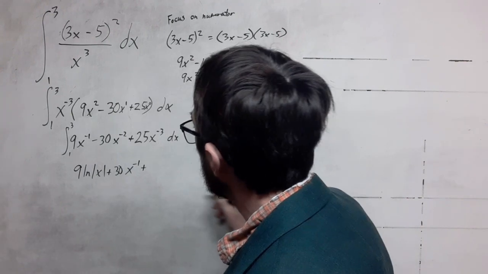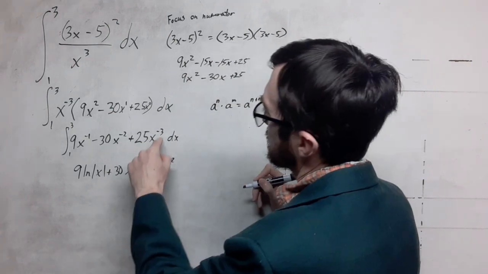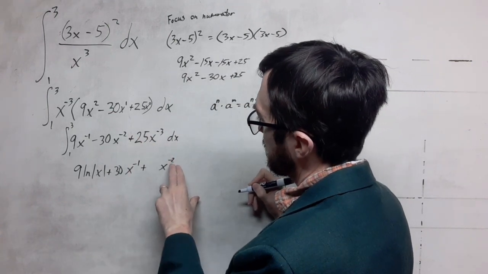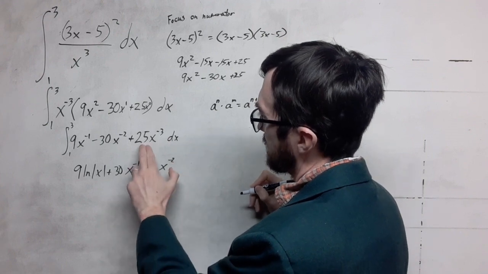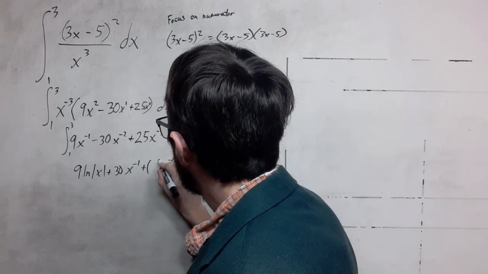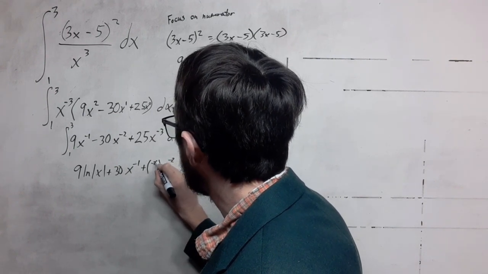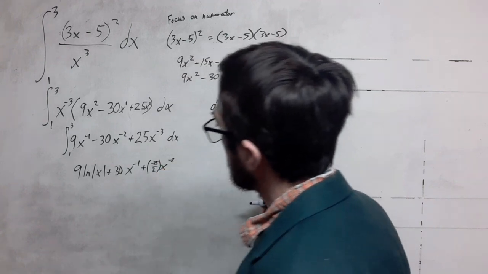Then lastly, we are looking at x to the -2. We'll add 1 to that. Okay, so we want -2 times some number to give us 25. So this coefficient here has to be -25 over 2.